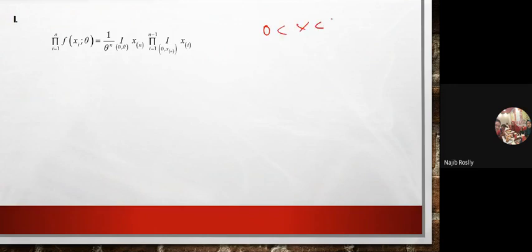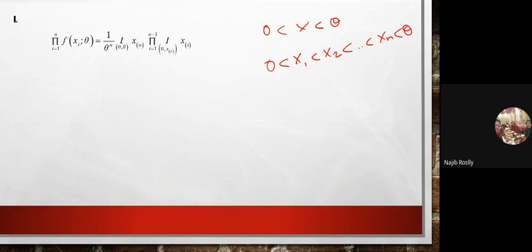Okay, first part, we need to construct the joint PDF because we want to show that your Xn is a maximum ordered statistic. Since we already know that if we solve the MLE for the uniform distribution, given that the range is between 0 and theta, so you have 0, x1, x2, up to xn.